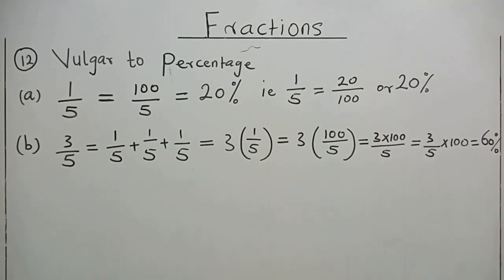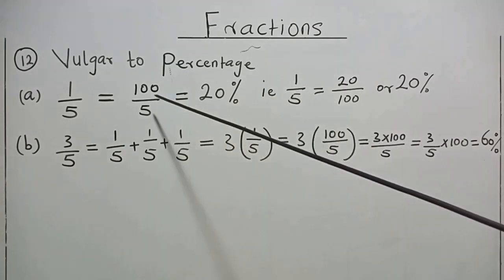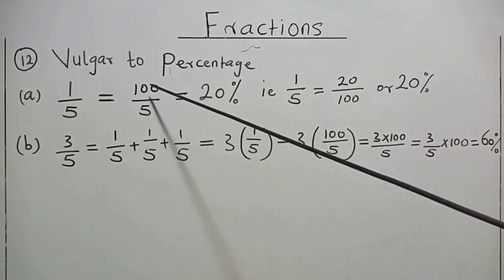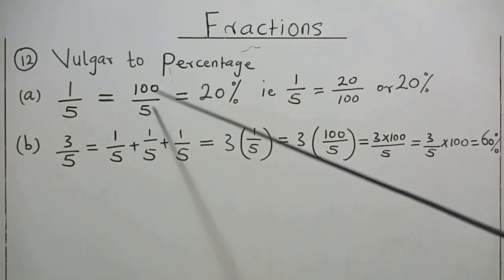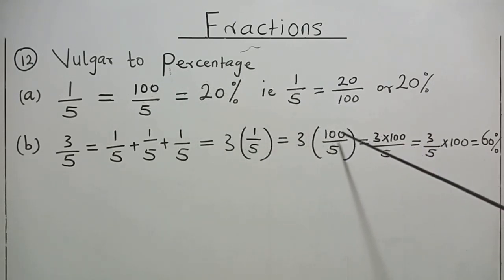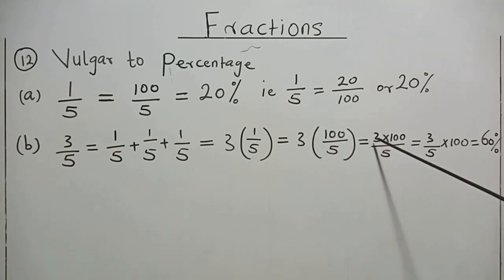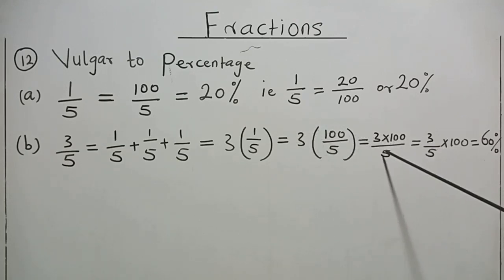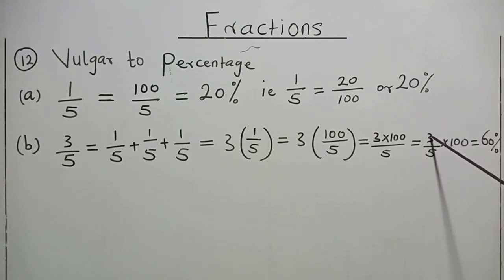And here is what comes next. This 3 times 1 over 5 is the same thing as saying this 3 times this 100 over 5. So that will be, if you open the bracket, 3 times 100 over 5. So in the end, it is also equal to 3 over 5 times 100.